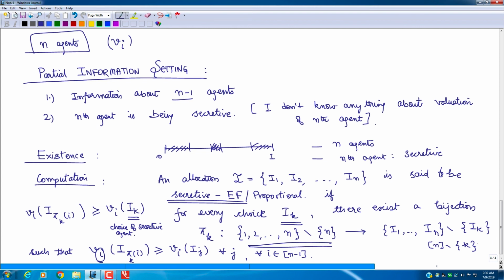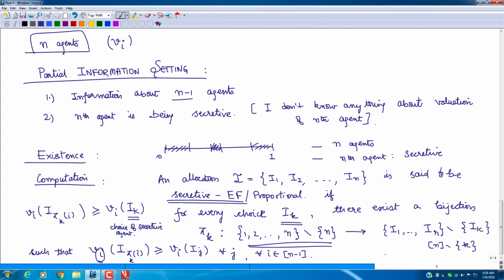So in essence, what we are saying is, in this partial information setting, when we don't have any information about the valuation of the nth, or let's say the last agent, we still want to show at least the existence of an allocation in which the secretive agent comes in, picks his favorite piece, and then the remaining agents are still able to allocate the remaining n minus 1 pieces in a fair manner.